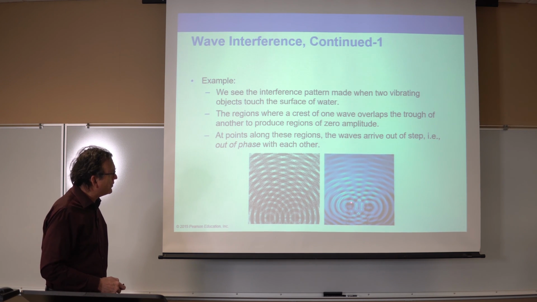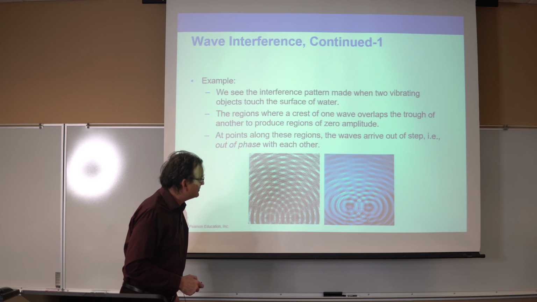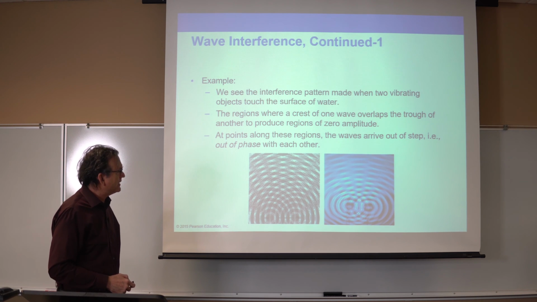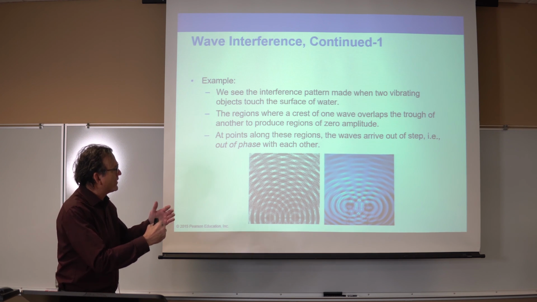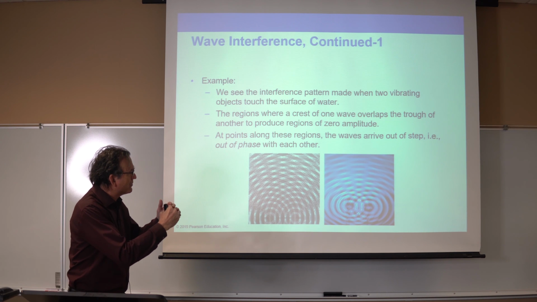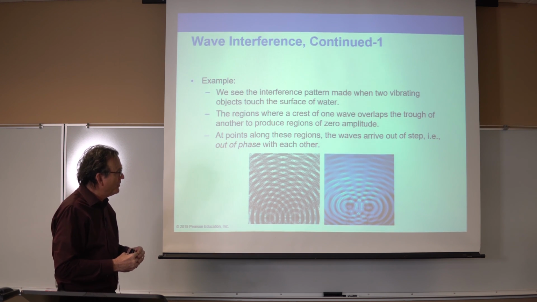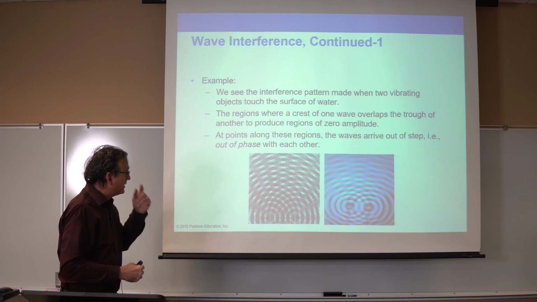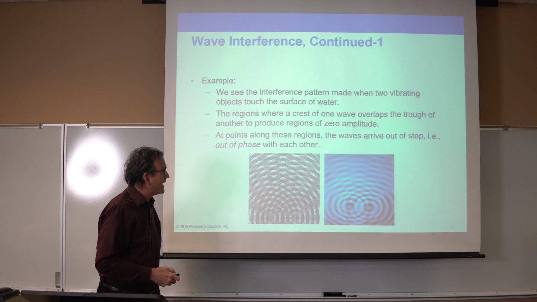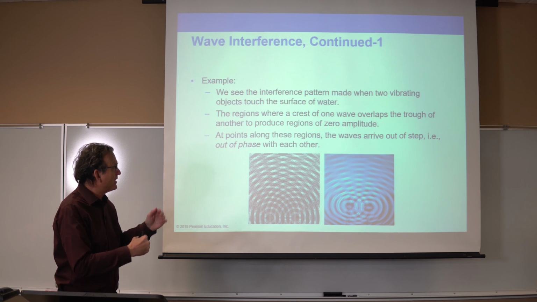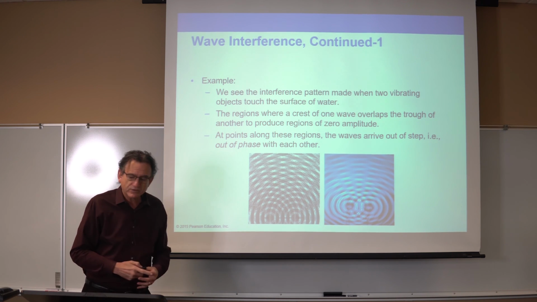Or they might add coherently together, and their amplitudes would double, which is not quite so clear, but still you can see that the effect of the two circular patterns is to give a new pattern, which depends on whether these waves add together and double their amplitude at a given point in space and a given time, or whether they are not in phase and cancel each other out.